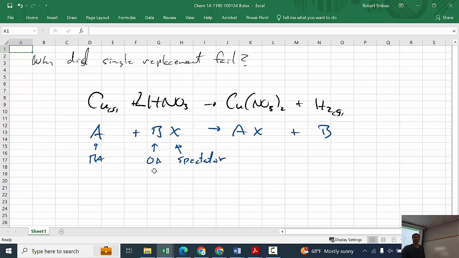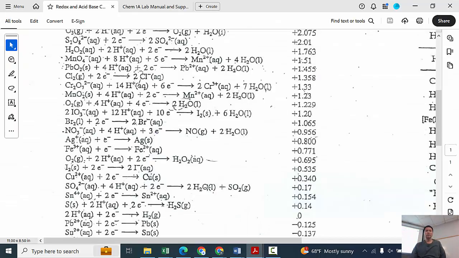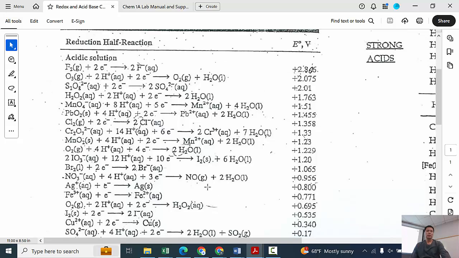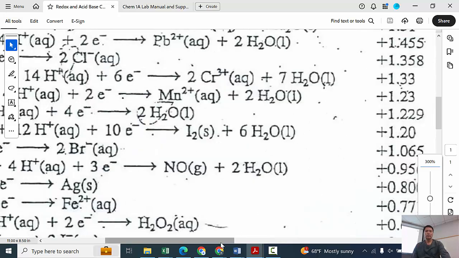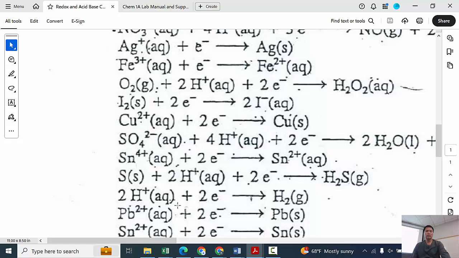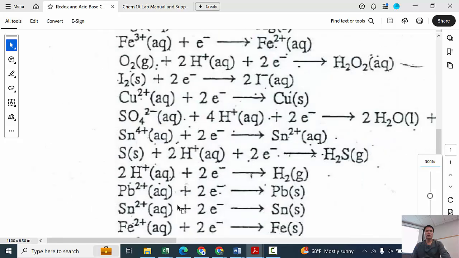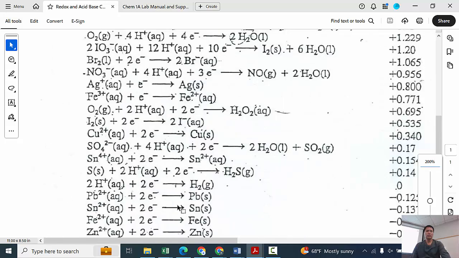And then you look at this chart, and you go, okay, H+, you're going to be the oxidizer, and then nitrate, you do nothing.